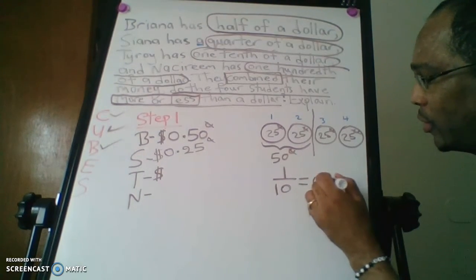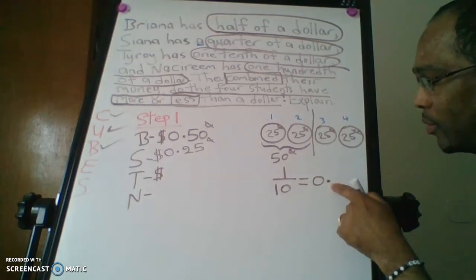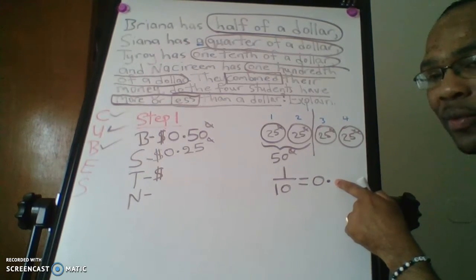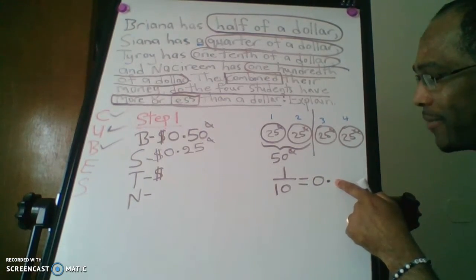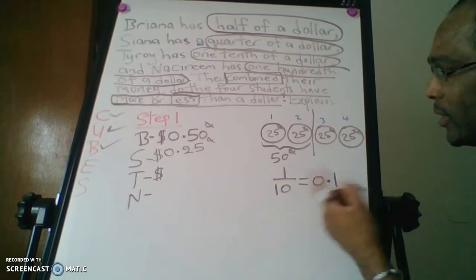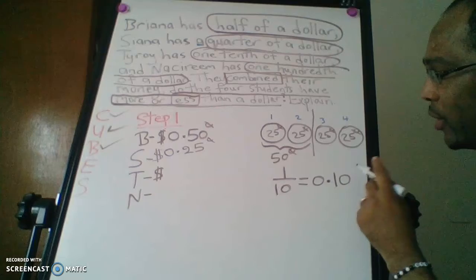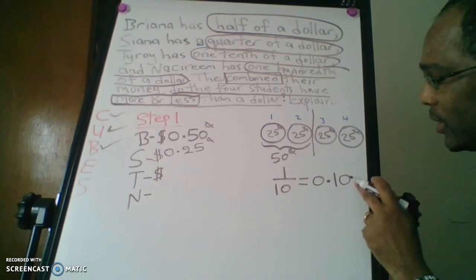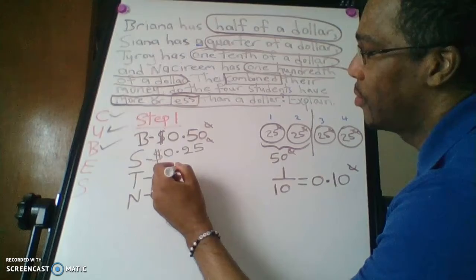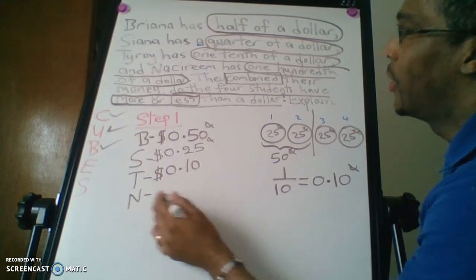I'm going to put 0 in the ones place, point. The first place value to the right of the decimal point is tenths. And so 1 is in the tenths place, so I'm going to put 1 here. And since we're talking about money, I'm going to add a 0 here. So I know 1/10 of a dollar is actually 10 cents. So this is $0.10.